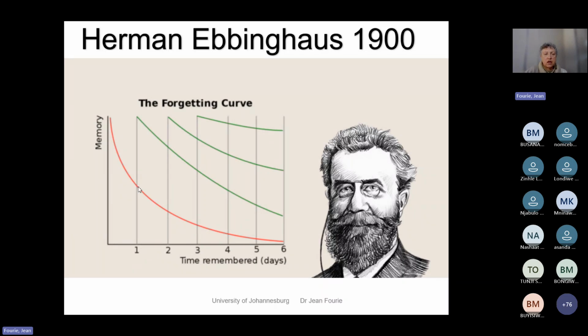By the next day, in 24 hours, half the information that was presented will be forgotten. So if you give the person a test in day 1, they will only remember 50% of the information. If there is no opportunity to recall that information, day 2, they will have forgotten half of that again. In day 3, you ask them to recall that information.